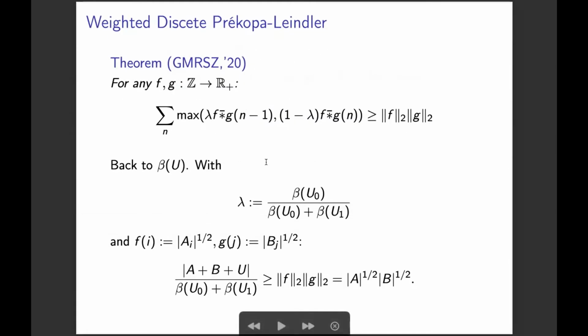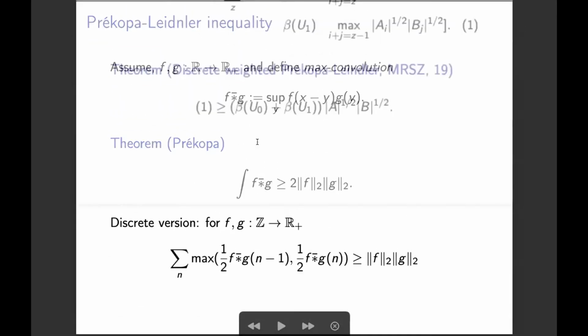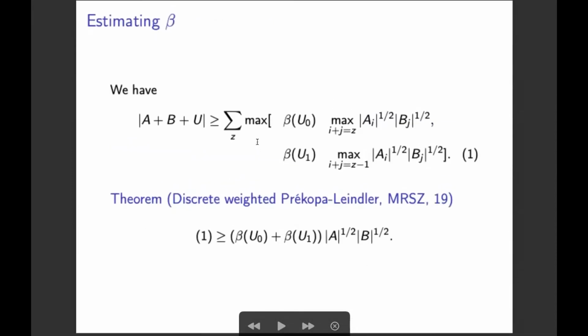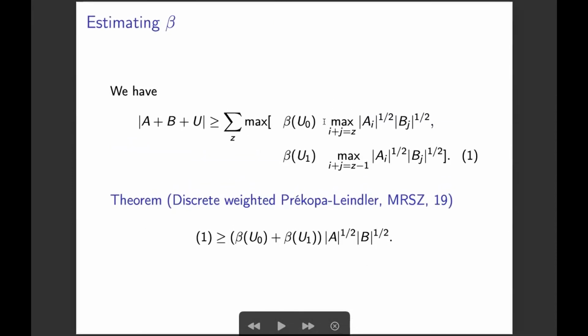So how does that work? In our setting, if we go to the sum, we are actually exactly in a situation where we want to estimate max convolution, but with different weights here, like b on u0 and b on u1.